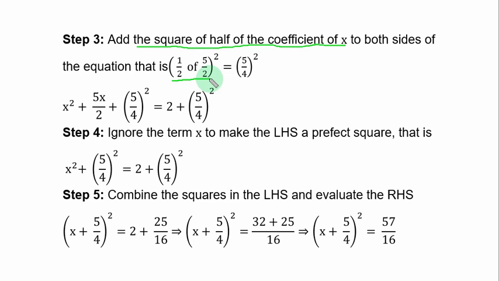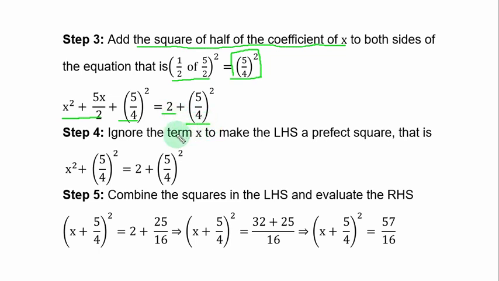So 1 times 5 is 5, 2 times 2 is 4. Then you square everything. When you are done, you add it to both sides. From step 2, this is the left hand side, so you add the square of 5 over 4 to it. This is the right hand side, you also add it to it.